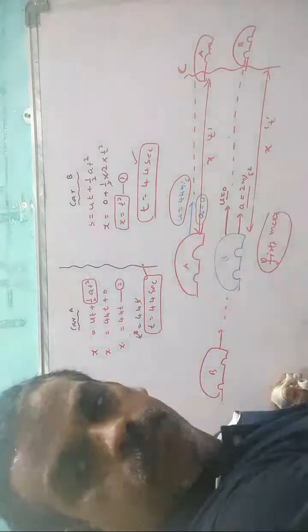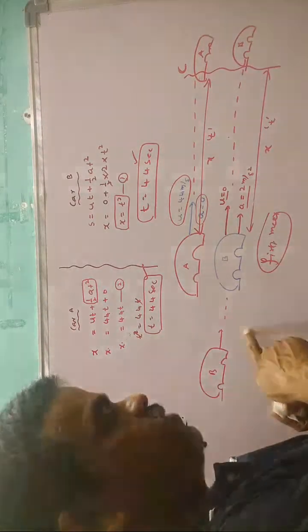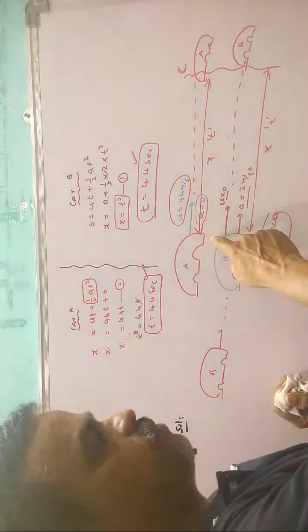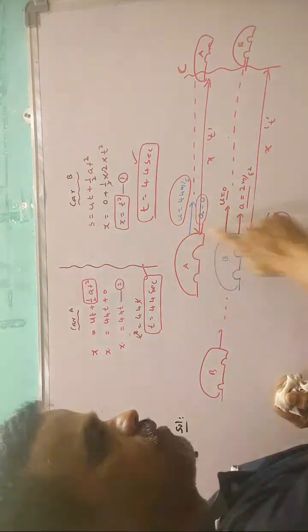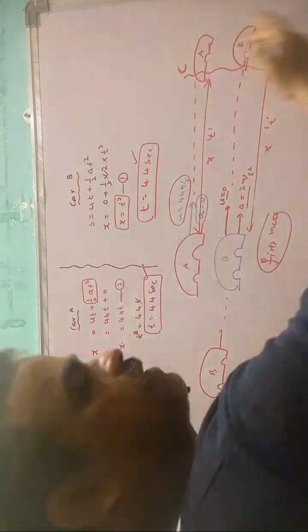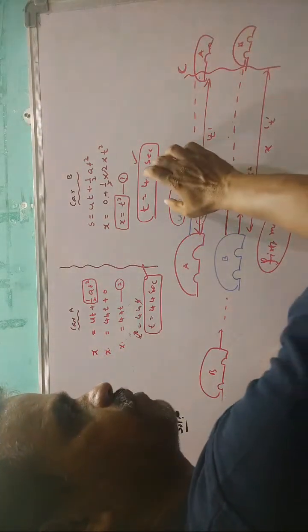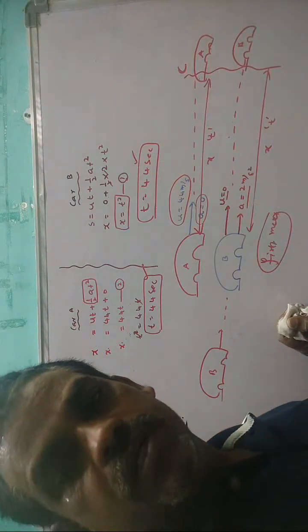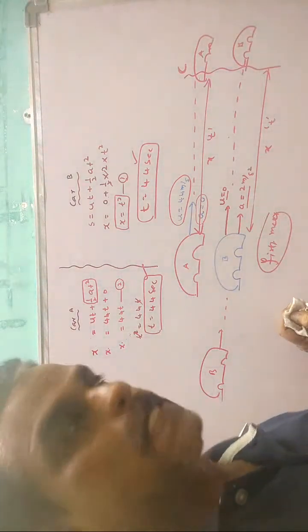Is it okay? Car B is moving. After some time, car A came and overtakes car B. Once they meet here, if they want to meet again, how much time will it take? That is the question. After what time will it meet again?